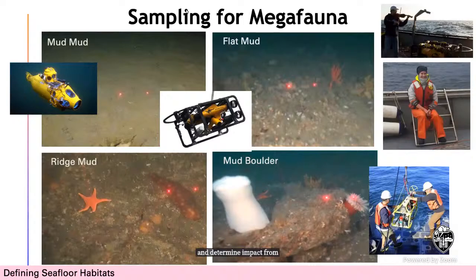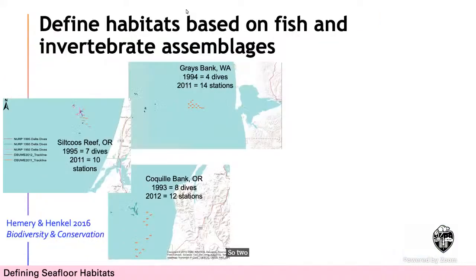We also wanted to look at megafauna, and so here is where we use visual methods. We've got the submersible Delta, we've got an ROV, we've got USGS and the bobsled. We've used all of these techniques, done by my very first grad student here, Tim Lee, and my very productive postdoc, Leda Canary, to find these habitats based on fish and invertebrate assemblages on the shelf across Washington and Oregon.